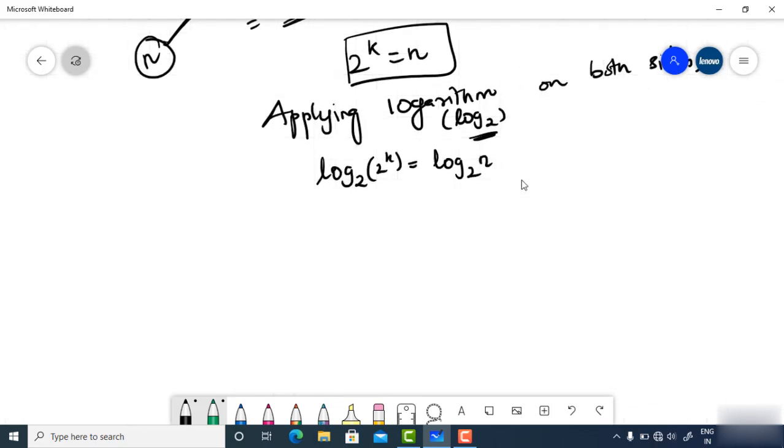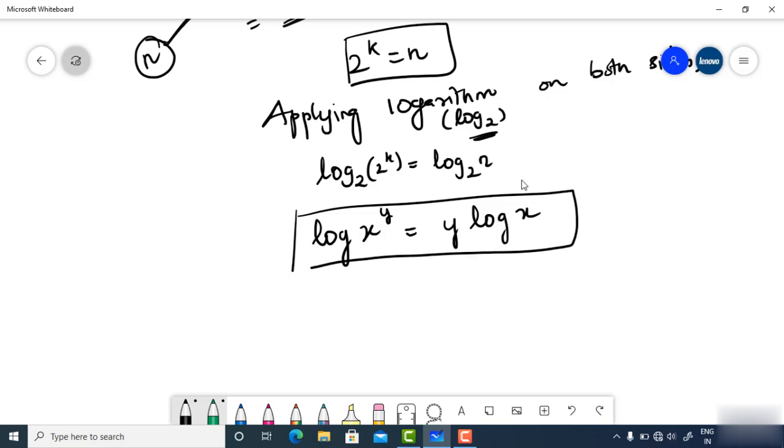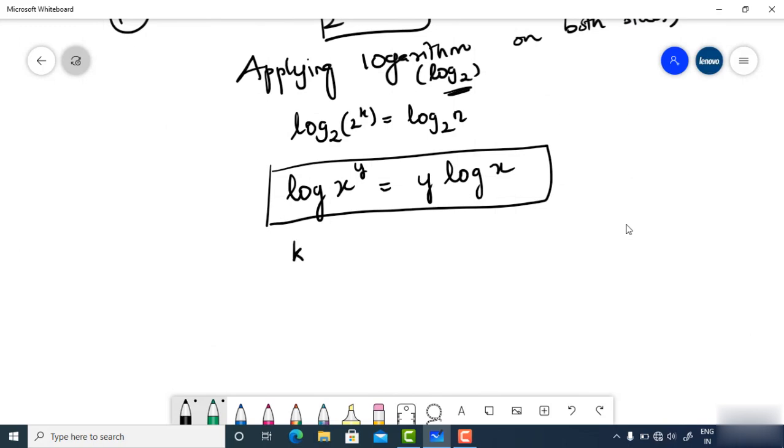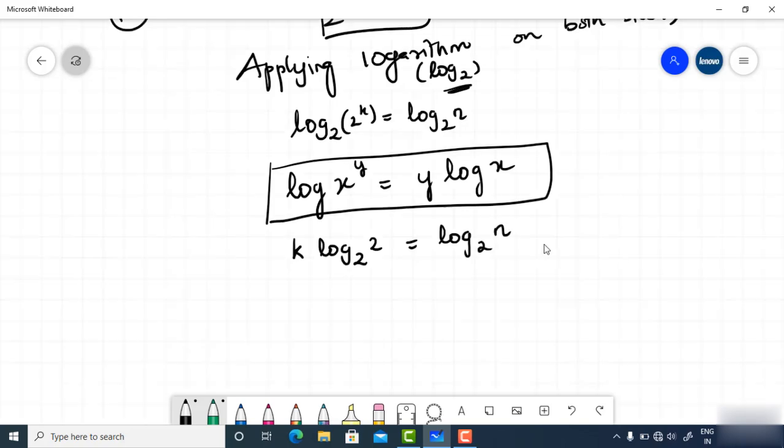And here there is a property for log. I can always take the exponent before the logarithm, right? There's a rule like this: log x power y can be written as y into log x. Applying this particular theorem, I would get k log base 2 of 2 equals log base 2 of n, right?